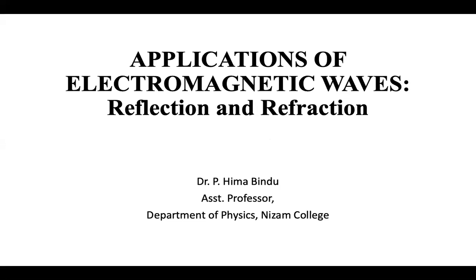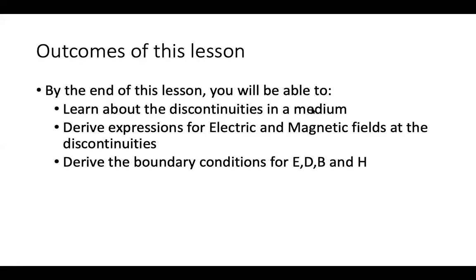Reflection happens at the interface into the same medium, and refraction happens after the interface into another medium. By the end of this lesson, you will be able to learn about the discontinuities in a medium, derive expressions for electric and magnetic fields at the discontinuities, and derive the boundary conditions for E, D, B, and H.